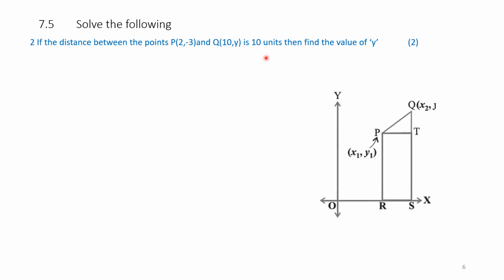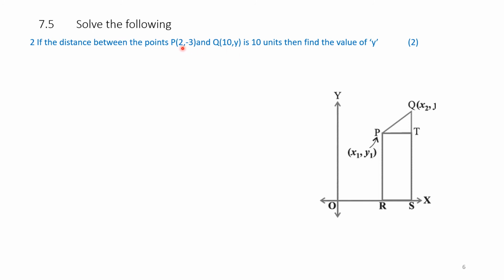Let us solve it. Please see the figure. For the explanation, I have given it as it is: P (x1, y1), Q (x2, y2), and the distance PQ is given as 10, and we have to find y2 here. In the figure we have to find the value of y2, but actually in the equation it is y.